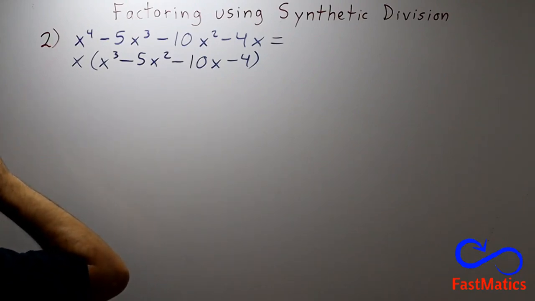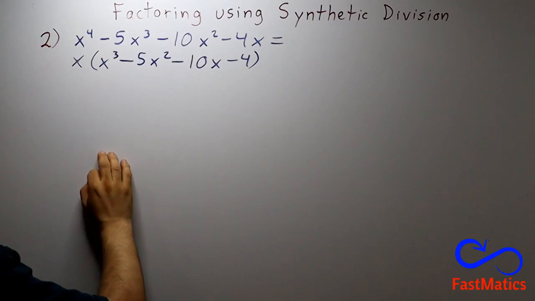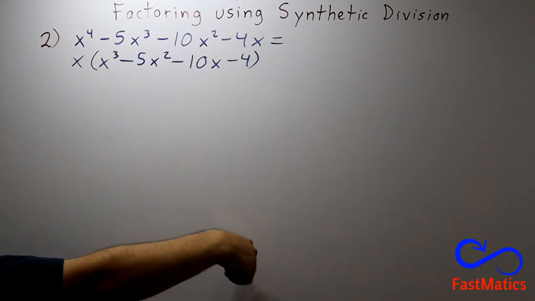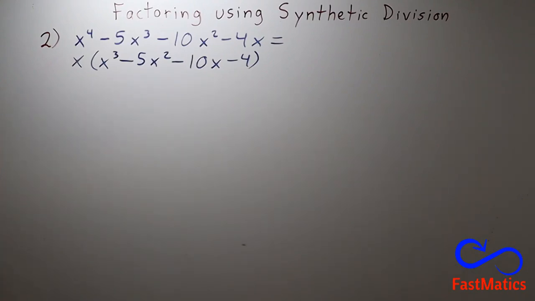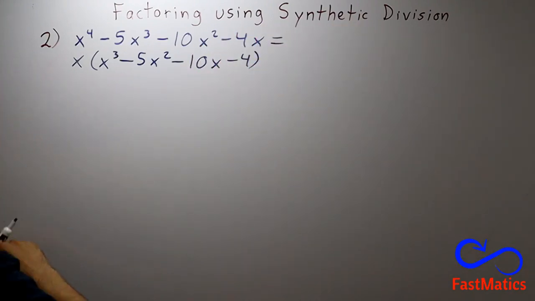So it is not a factoring by grouping. Are there 3 terms? No, so it is not a trinomial. Are there 2 terms? No, so it is not a difference of squares or addition and subtraction of cubes. Then I have to use non-conventional factoring methods as synthetic division.